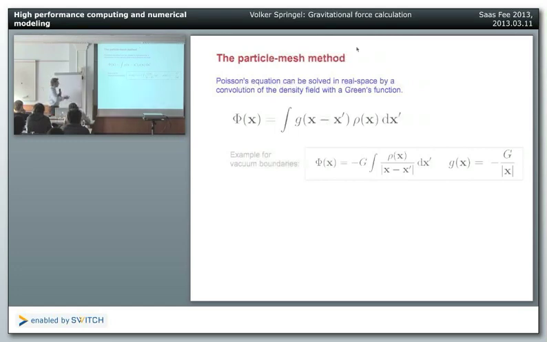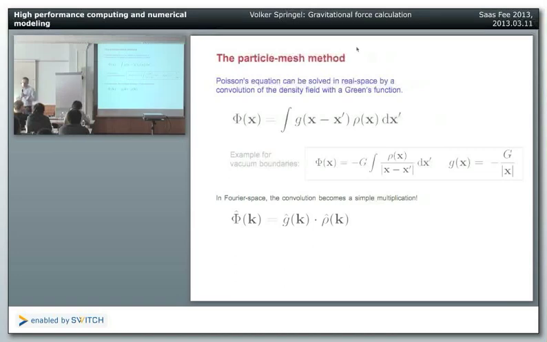But when you have a convolution like this, you remember some mathematical theorems about Fourier transformations. If you Fourier transform the convolution, it turns into an algebraic multiplication. That is, phi hat, the Fourier transform of the potential, is the Fourier transform of the Green's function times the Fourier transform of the density field.